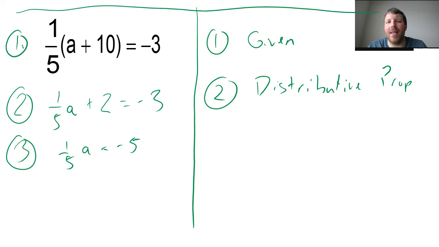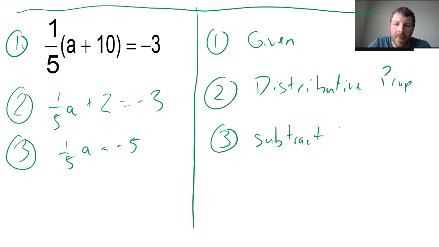You may ask, how did you get that? Well, I took that 2 and subtracted it over from the -3. -3 minus 2 is -5. Since I subtracted, that's what I'm going to write here. Subtraction, you can just put subtract. It's a property of equality, because we're looking at equations and we're moving something from one side to the other. So I'm subtracting it here and subtracting it here.